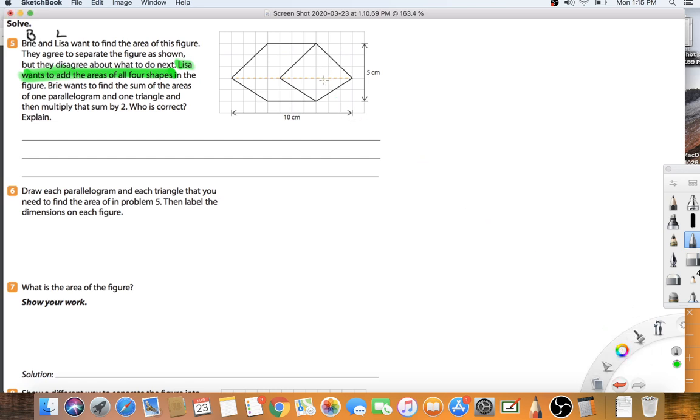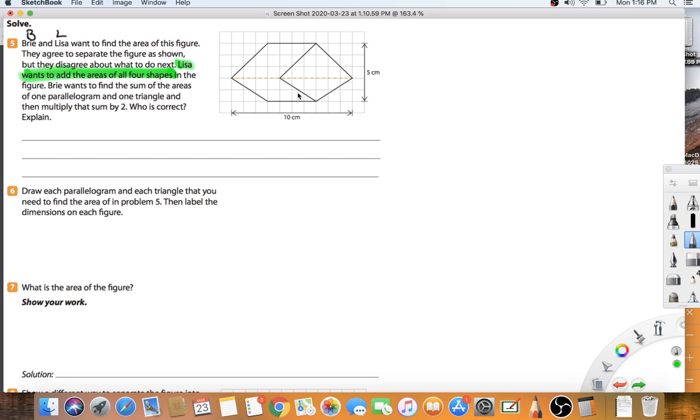So I'm guessing it would be like this triangle up here, 1, 2, and then get the area for this shape, 3 and 4. She wants to add up this area, plus this area, plus this area, plus this area. She wants to add up all the 4 areas. I mean, that makes sense. The last video we did, we basically did that.